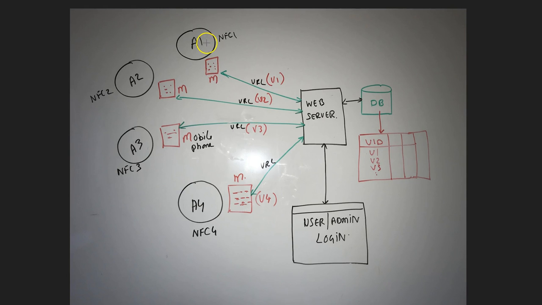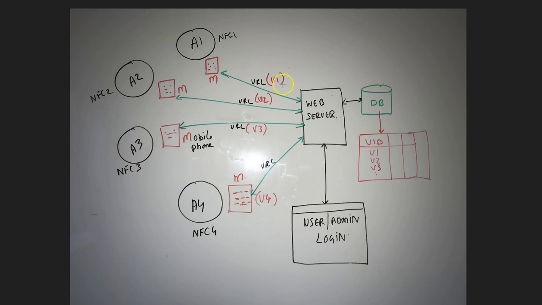Whenever the mobile phone taps these NFC stickers, the mobile phone makes a request to my web server. So basically the mobile phone opens up a browser, and the browser sends the URL that is stored in my NFC tag, and the web server will look into the database and respond with some information from the database.